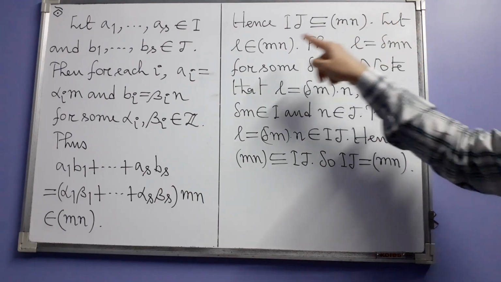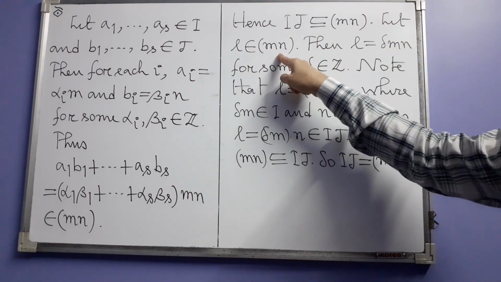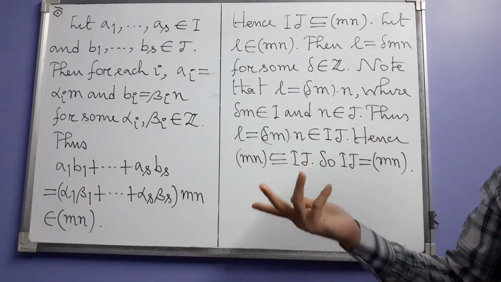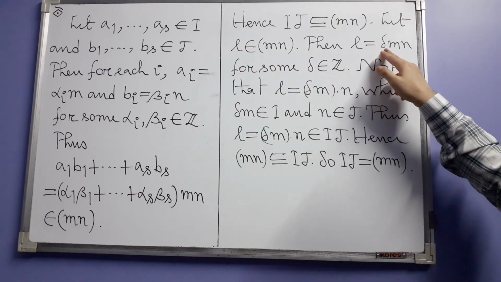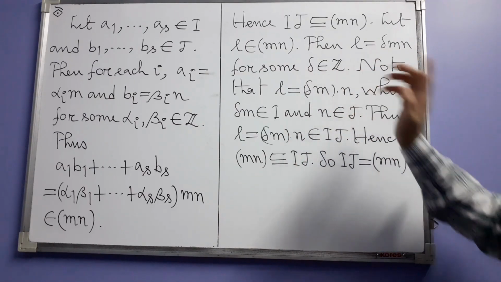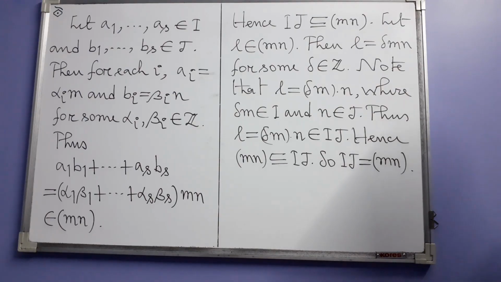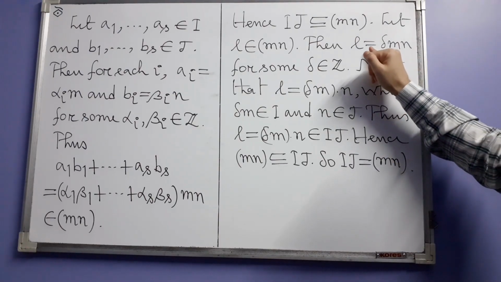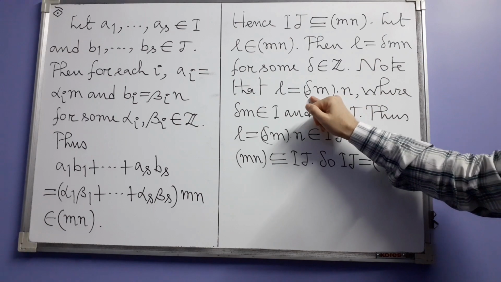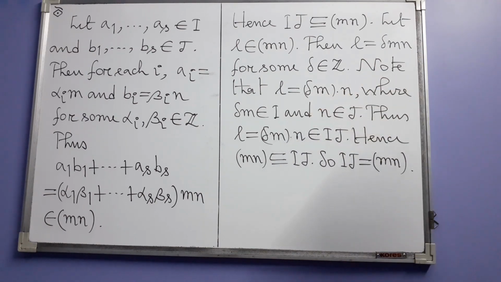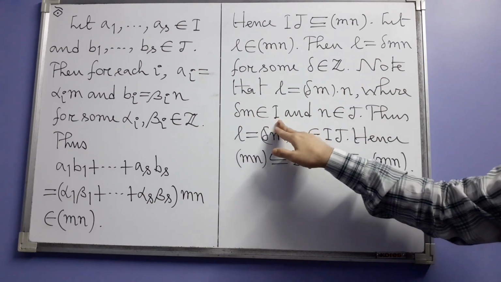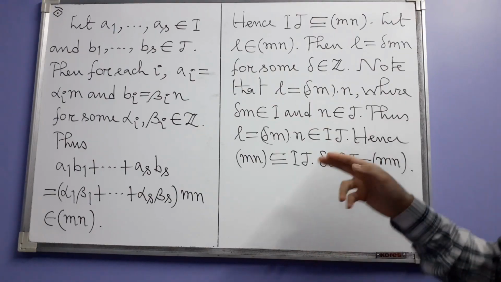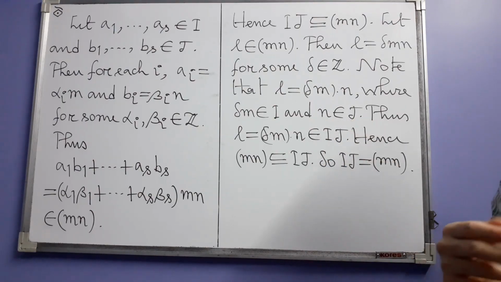Conversely, you take any element, say L, in this principal ideal, so it will then be an integer multiple of mn, say some delta times mn, where delta is some integer. Now you can note that this L can be considered as delta m times n, where delta m belongs to I because it's a multiple of m, and n belongs to J, well, that is also a multiple of n.